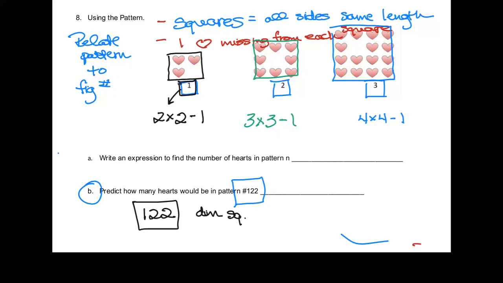She said 122 times 122 minus 1. Is that correct? For figure 1, did we do 1 times 1 minus 1? For figure 2, did we do 2 times 2 minus 1? How did we get from the figure number to the actual size of our square?